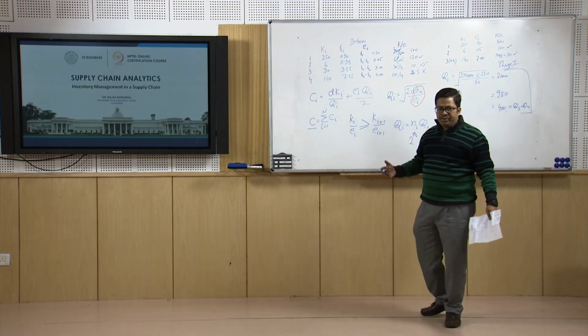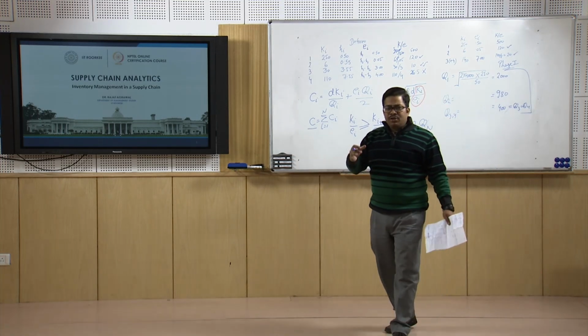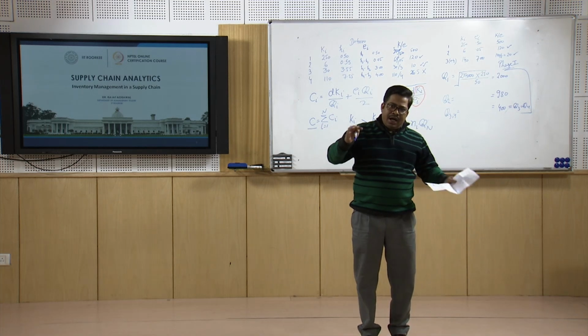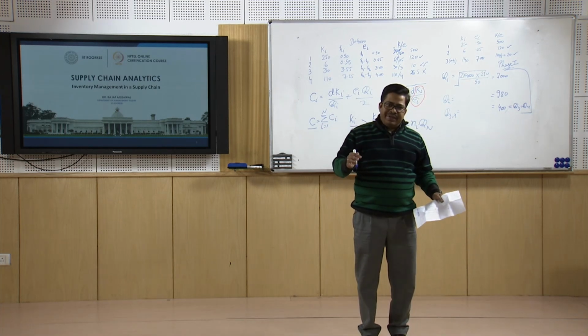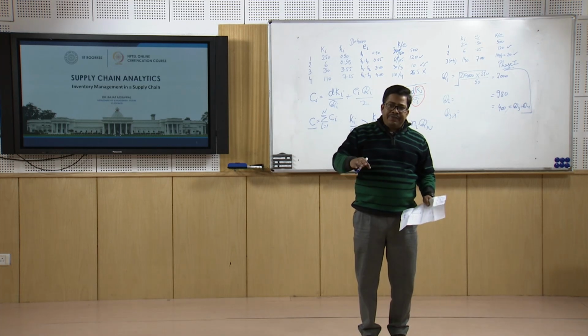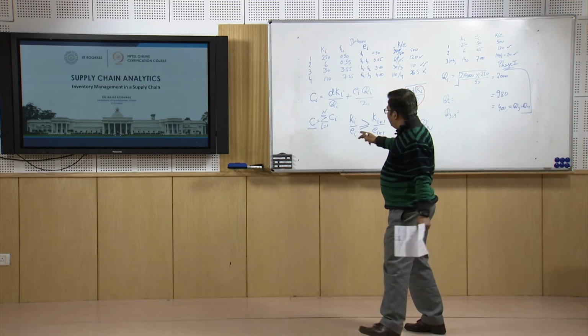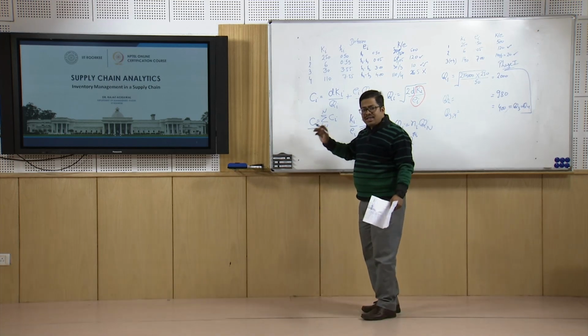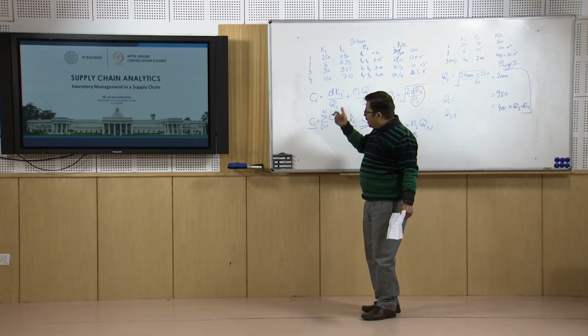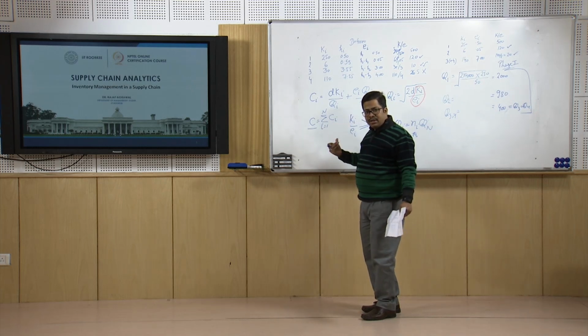The meaning of lower bound is that our solution cannot have a higher cost. Lower bound means this is the worst solution, and the meaning of worst solution in our case is that this is the highest cost, the maximum cost you will incur in managing the inventory in this particular case.